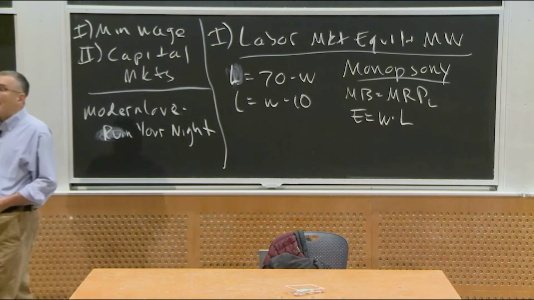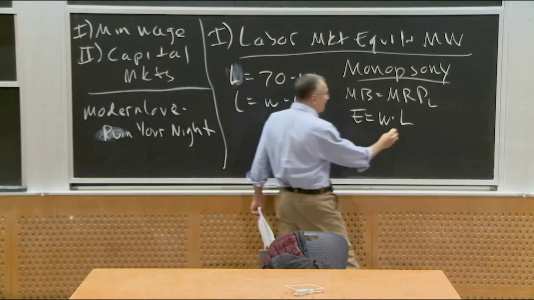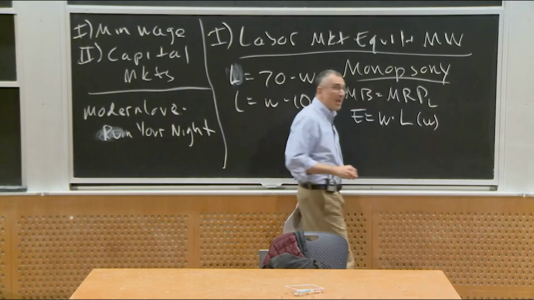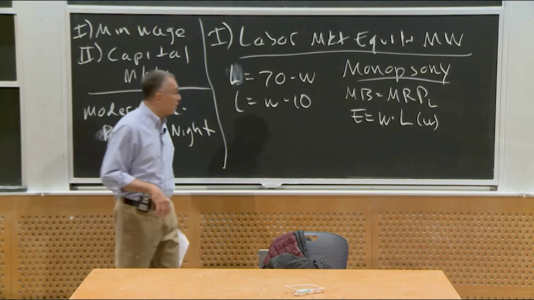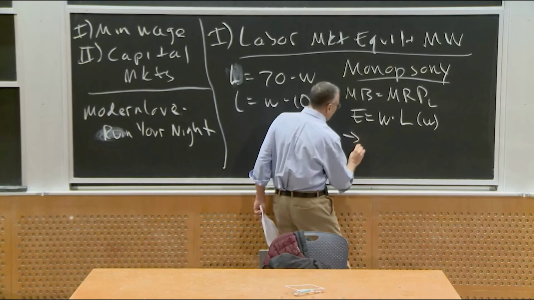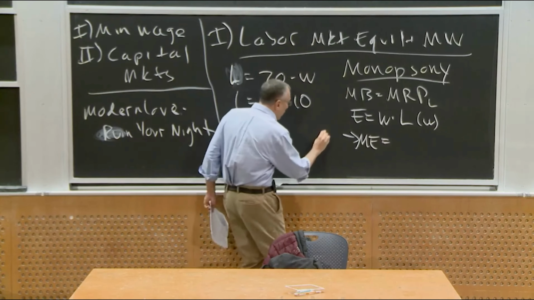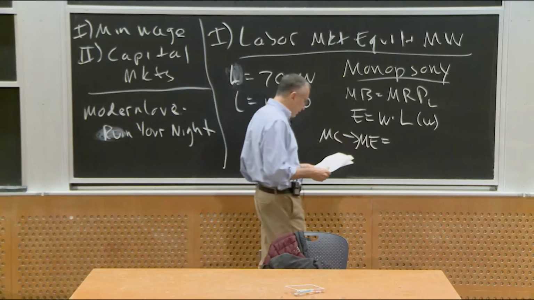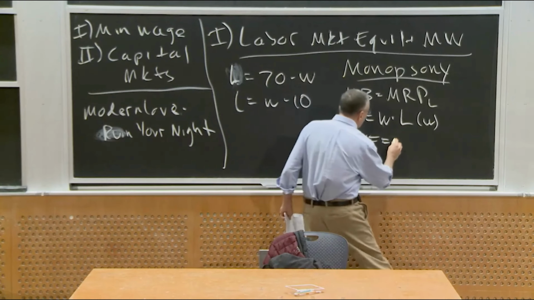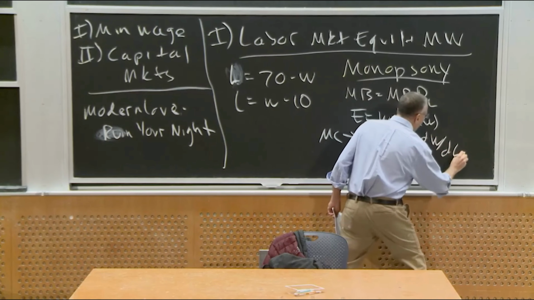It's the wage you pay times the number of workers you have. But the number of workers you have is a function of the wage you pay. The more you pay, the more workers will want to work for you. So if we differentiate this and get marginal expenditure, the firm's marginal cost of hiring another unit of labor, the marginal expenditure is W plus dW/dL times L.